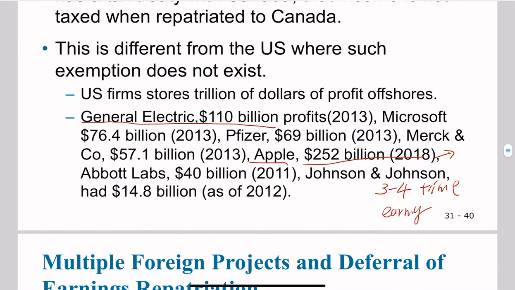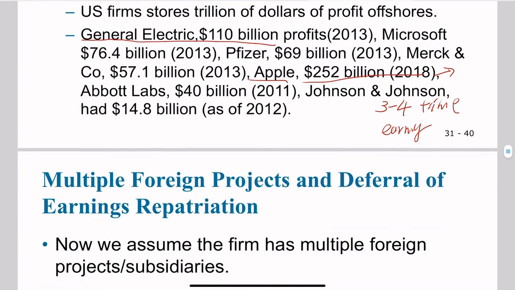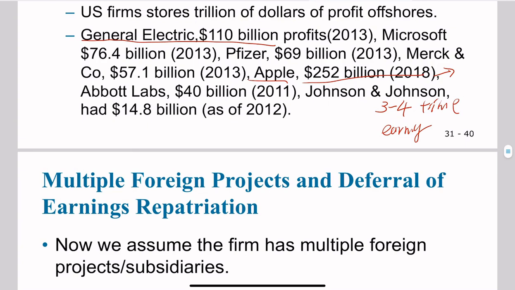So Apple's annual earnings is about 60 to 70 billion dollars. Right? So basically, Apple parks 3 to 4 years of its earnings offshores. Right? It's a lot of money simply because of how repatriated income is treated in the US. Okay, that's for today's lecture.